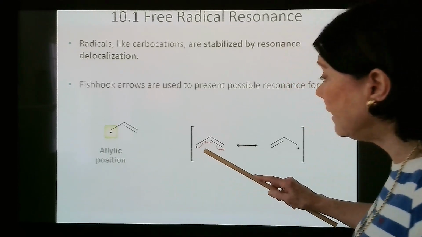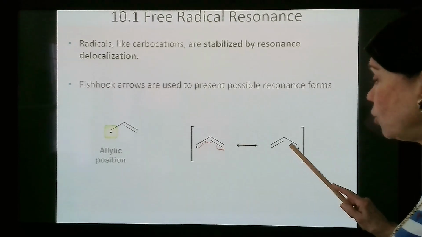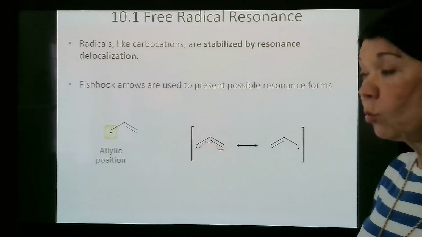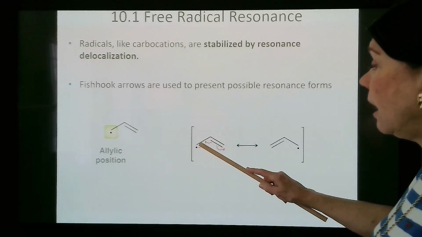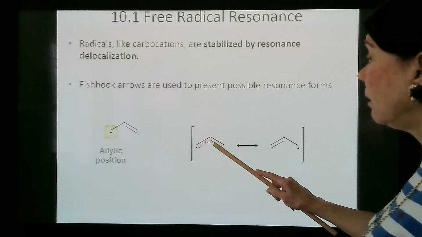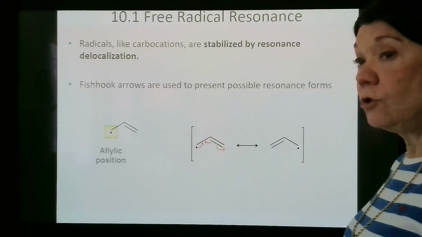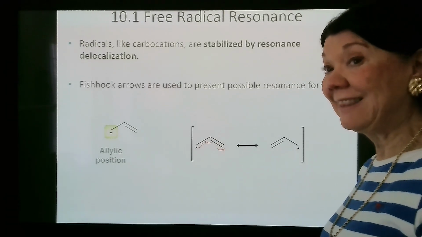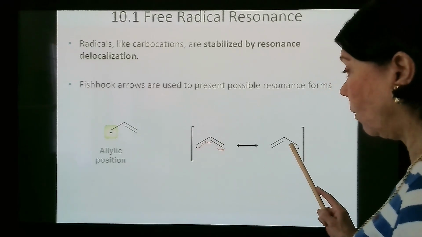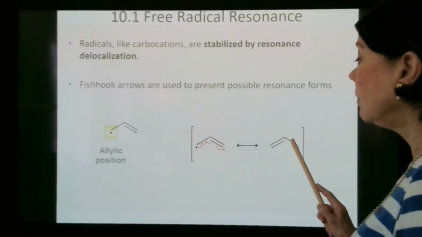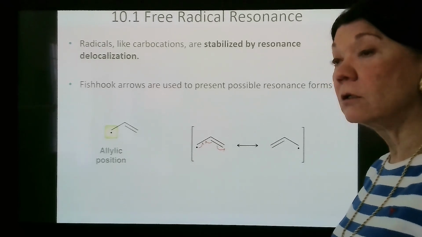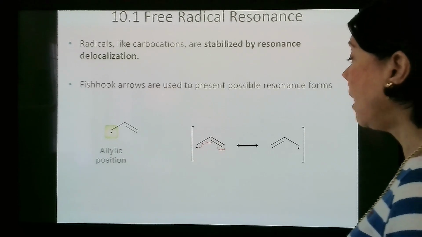And if you want to draw between the two resonance structures to help you visualize them, remember, these are two resonance structures that are drawn to explain the single structure of that molecule.